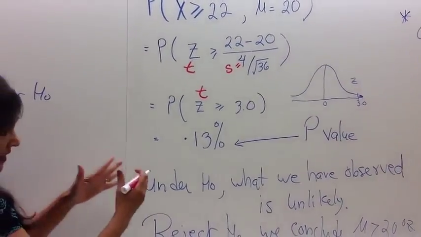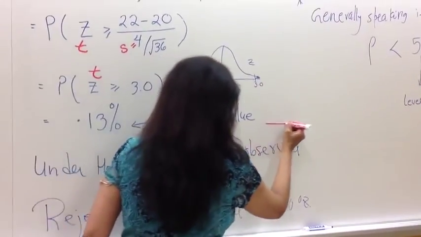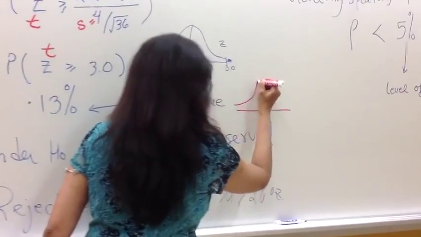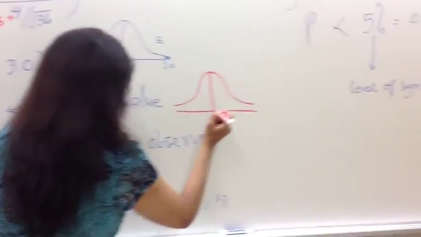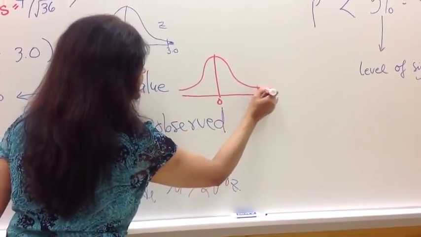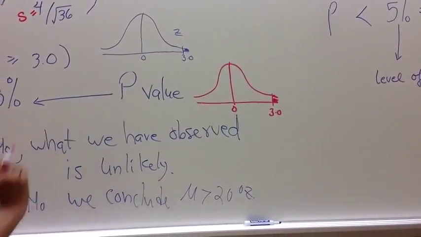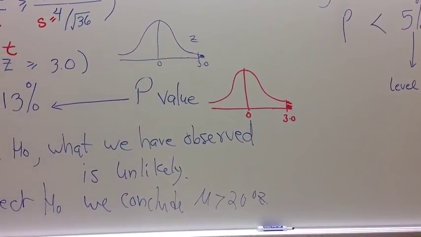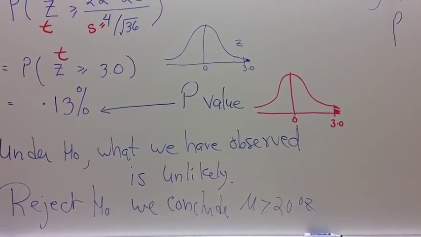And that means we will now read the T table. The T graph is very similar to a Z graph, folks, although the actual shape depends on the sample size. So now we will read the T table. We have discussed in the class how to read the T table. But as a refresher, we will read the T value or the area above 3 with 35 degrees of freedom.